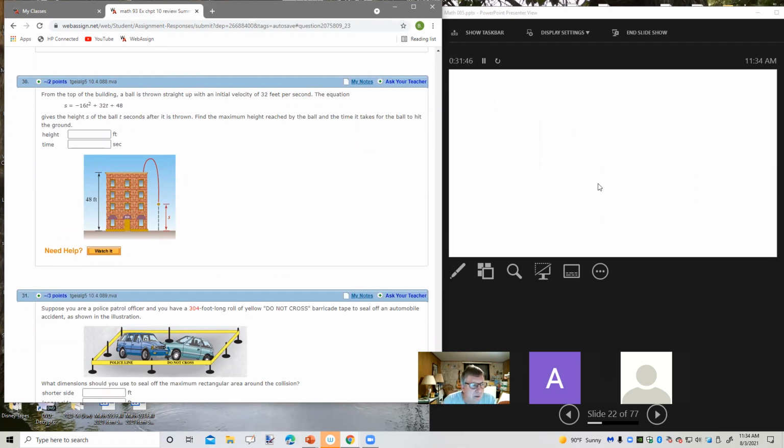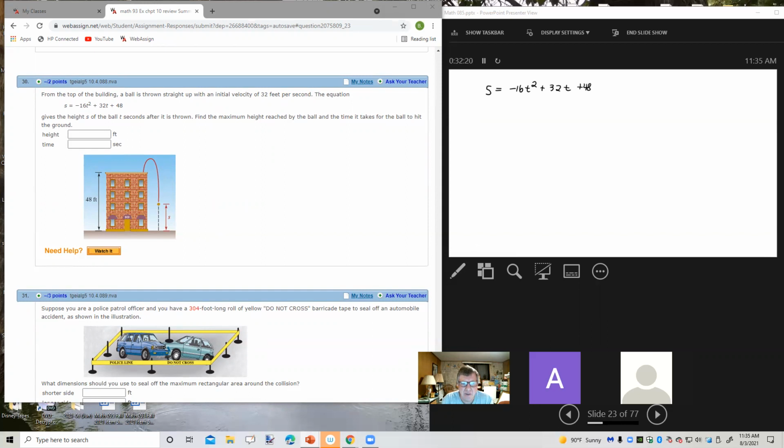It says, from the top of a building, a ball is thrown straight up with initial velocity of 32 feet per second. The equation S equals negative 16t squared plus 32t plus 48 gives the height S of the ball t seconds after it is thrown.